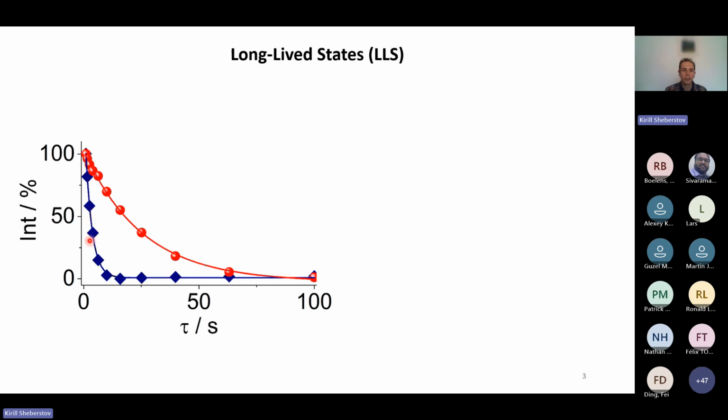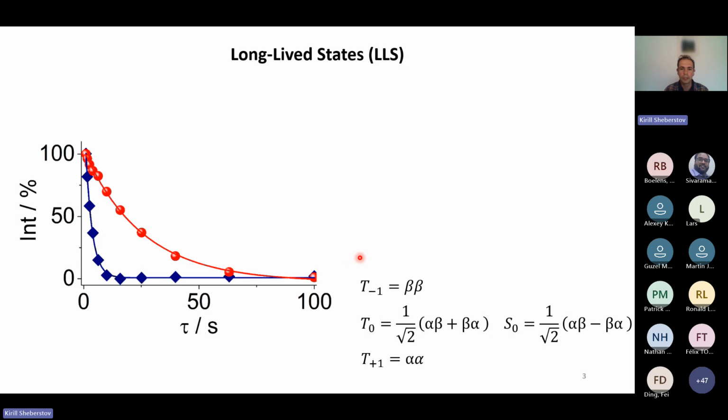So as the name suggests, long-lived states are special quantum states which have lifetimes substantially longer than typical NMR states, which have relaxation rates determined by T1. For a pair of two spins 1/2, if they are equivalent, one expects to have three triplet states as eigenstates and one singlet state as an eigenstate. The crucial property of these states is that they are also eigenstates of the operator representing permutation of the two spins.